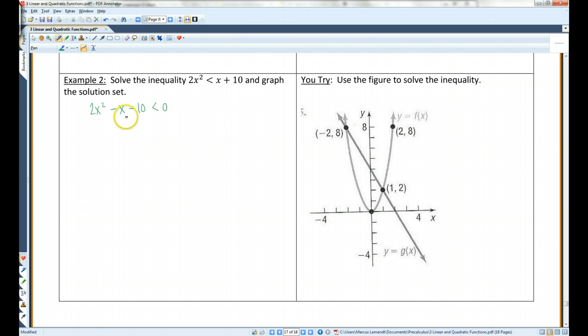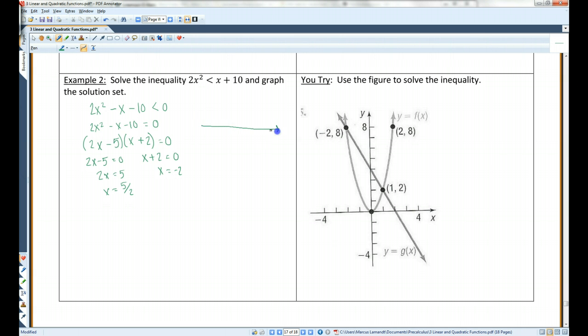If I factor it, I'm going to get 2x minus 5, x plus 2. And if you FOIL that in your head, you'll see you get your original equation. So 2x minus 5 equals 0, x plus 2 equals 0, 2x equals 5, x equals 5 over 2, x equals negative 2.